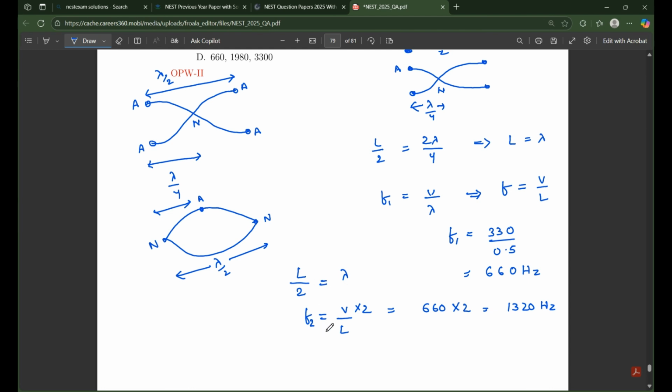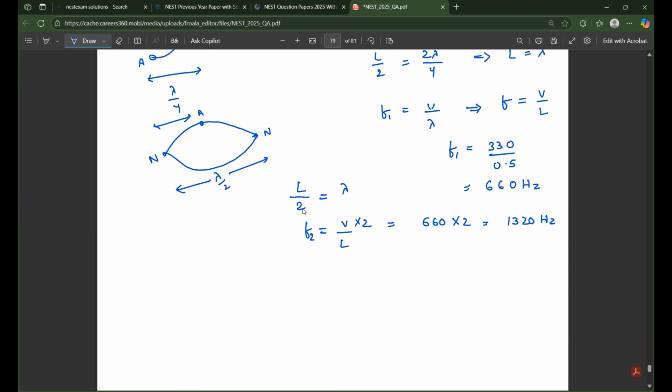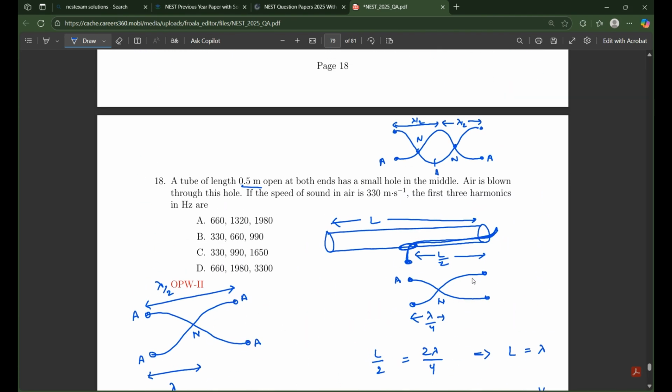So f3 will be equal to v by L into 3. On solving this, we get 660 into 3, that is 1980 hertz. So by this, the correct option is option A. Hope you understand the solution. Thank you very much.